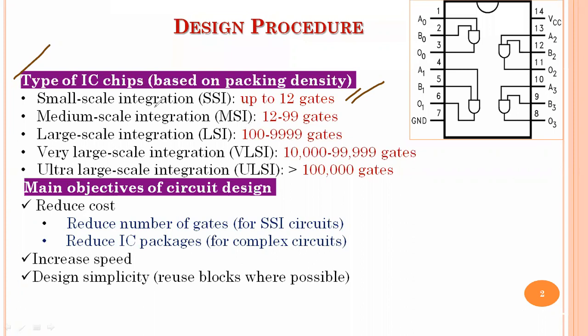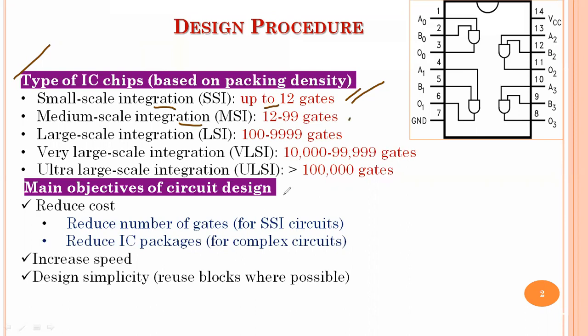First is small scale integration, in which up to 12 gates are used. Then MSI, medium scale integration, has 12 to 99 gates. Similarly LSI has 100 to less than 10,000 gates. Very large scale integration, VLSI, has 10,000 to less than 1 lakh gates.